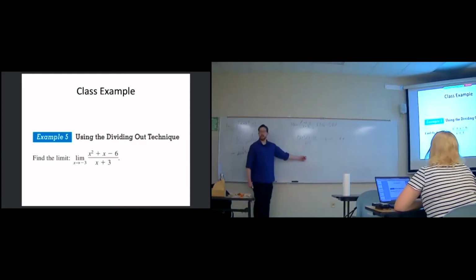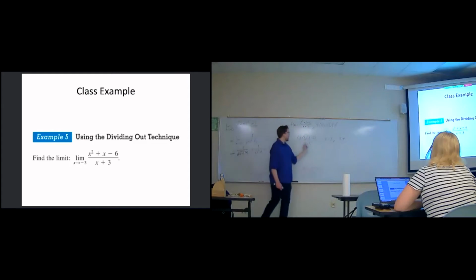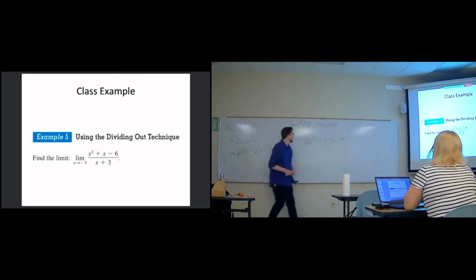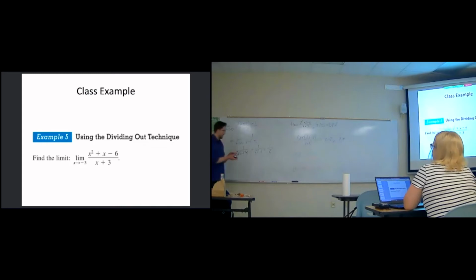This exists at -3, and this does not exist at -3. After going through all the simplification, all we're saying is that these things are the same, but this has an answer when x is equal to -3. Does that make sense, what I mean?